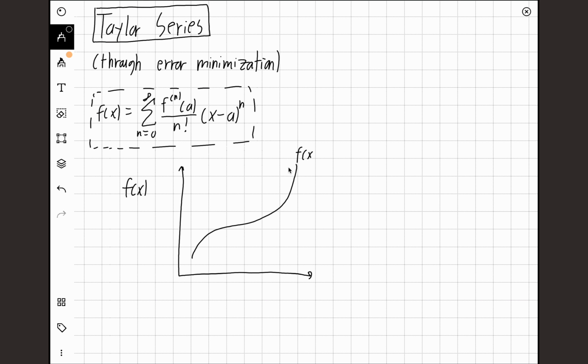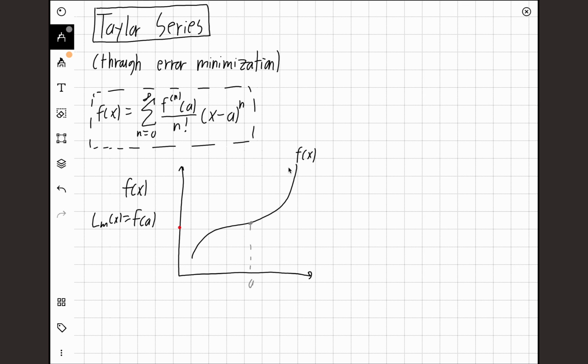This will be f of x, and then our first approximation, which I'm going to call Lm of x, we can just have it be equal to f of a. Well, what is f of a? f of a is literally just a straight line. So if we choose a point over here, this is our point a, which we're going to be approximating.